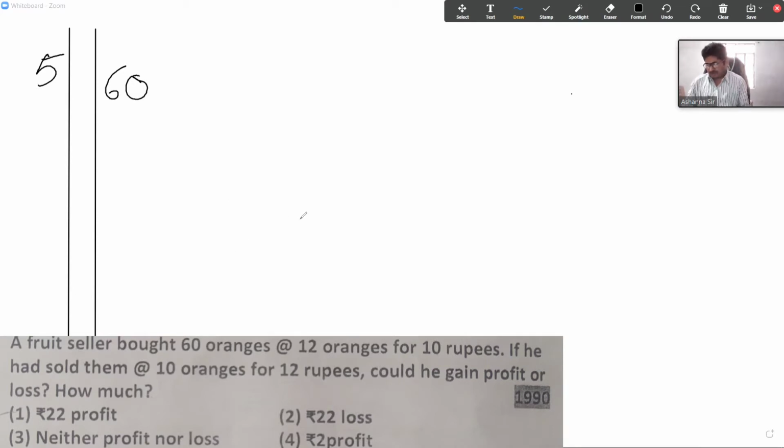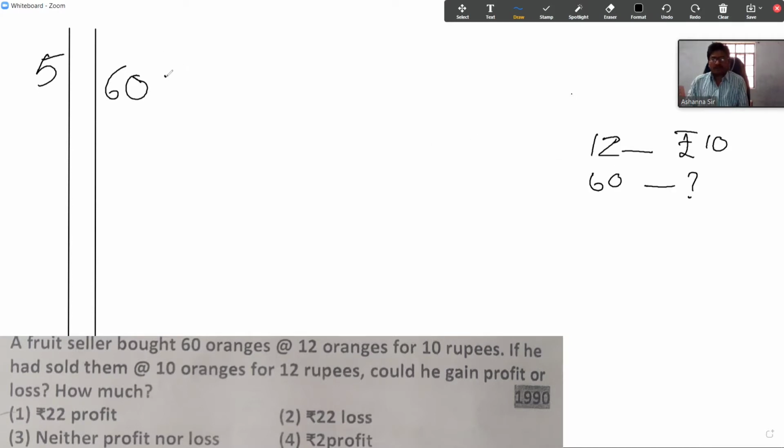He bought 60 oranges at the rate of 12 oranges for 10 rupees. So 60 oranges for how much?